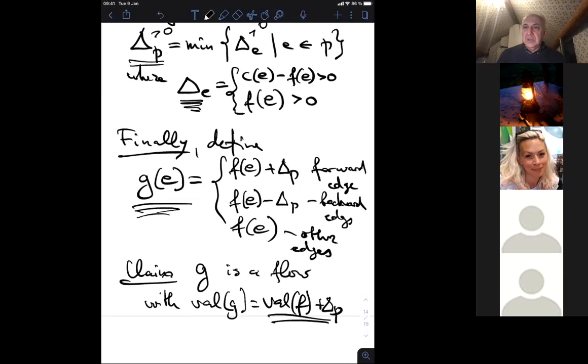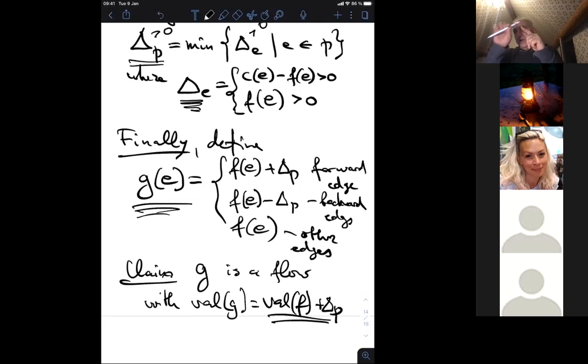If we are going that way, we increase it by delta, and if we have an edge along the path going the same direction, we also increase it by delta. So the balancing condition at this vertex will still be satisfied because we added something to the incoming edge, and we added exactly the same thing to the outgoing edge.